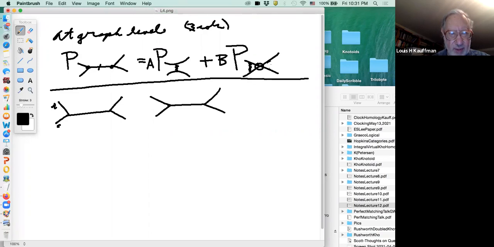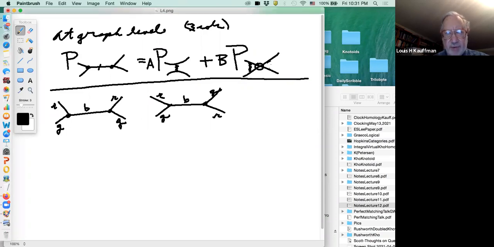You might have red and green, and then this would be blue because you want to have three different colors at a vertex. And then it might be that this comes out red and that comes out green. Or you might have red and green coming here and blue here, but then you have red here and you have green here.